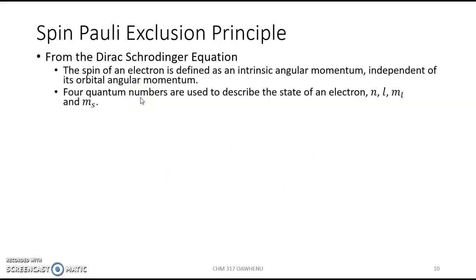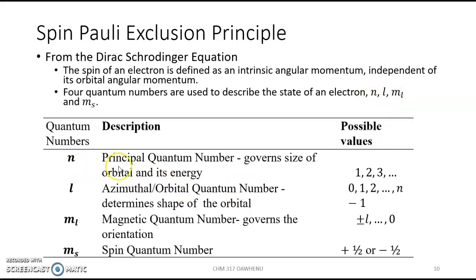The spin is a quantum number derived from the Dirac-Schrödinger equation. It is an intrinsic angular momentum of the electron that is independent of the orbital angular momentum L, and it brought the total number of quantum numbers to 4: n, l, m sub l, and m sub s. n is the principal quantum number that governs the size of the orbital and its energy.